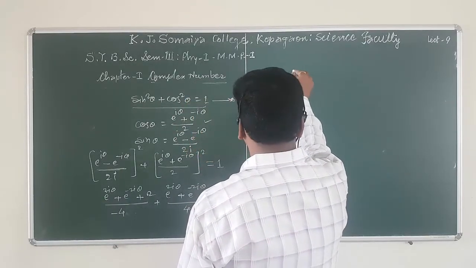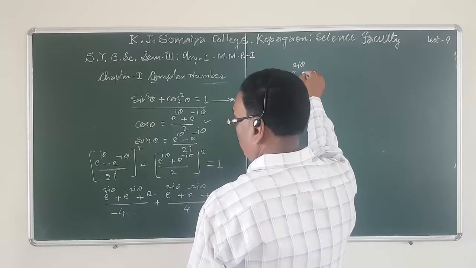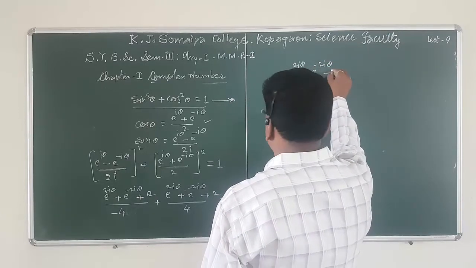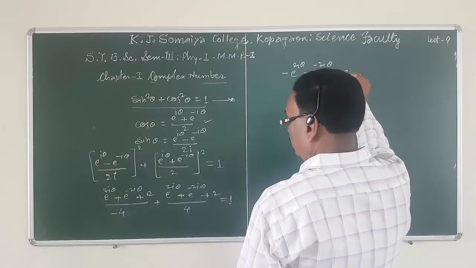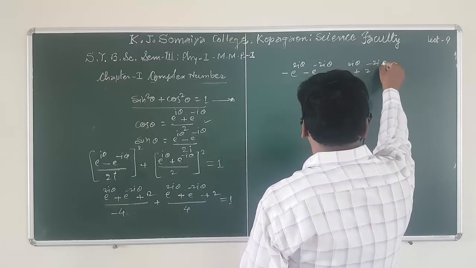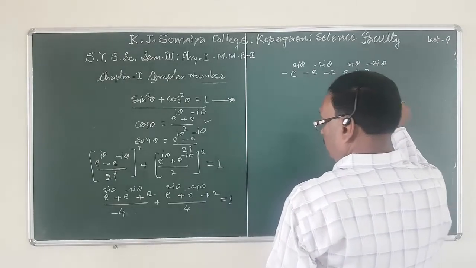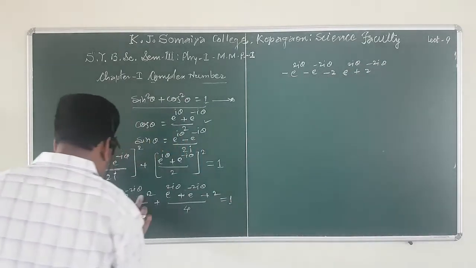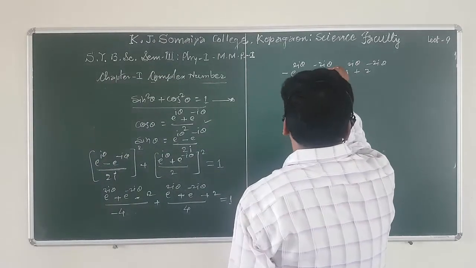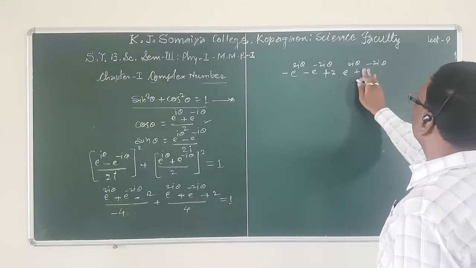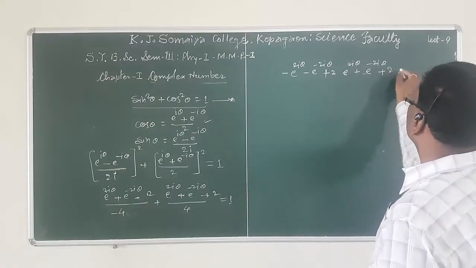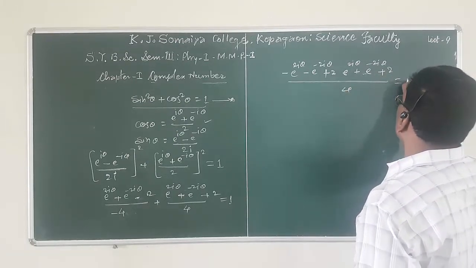Here we can write minus e raised to 2i theta minus e raised to minus 2i theta minus 2, plus e raised to 2i theta plus e raised to minus 2i theta plus 2 divided by 4 is equal to 1.